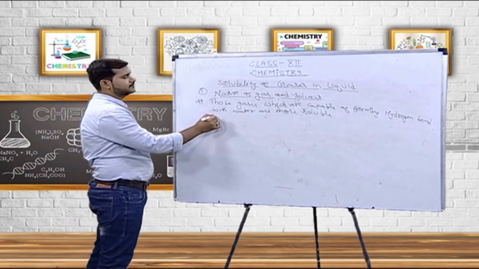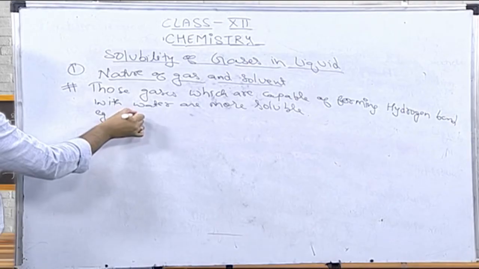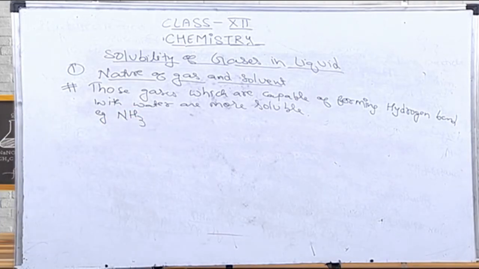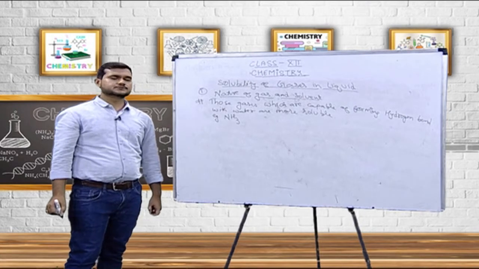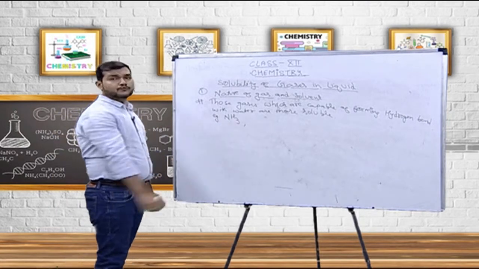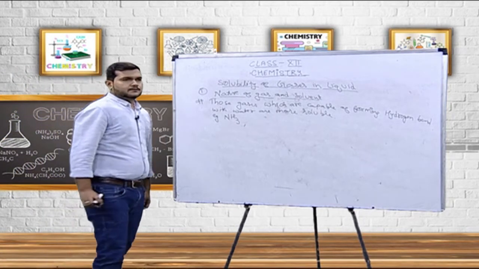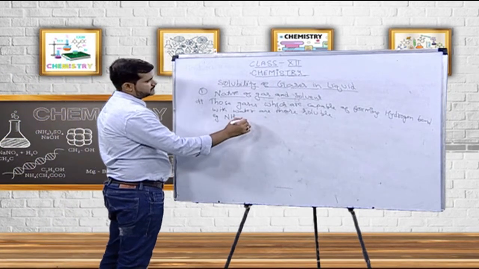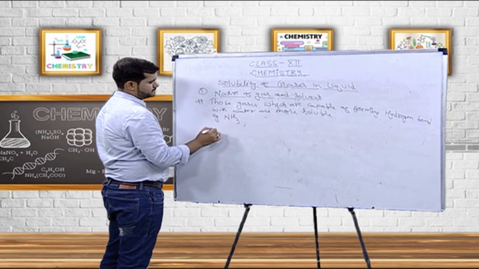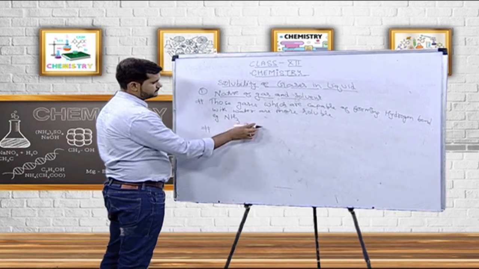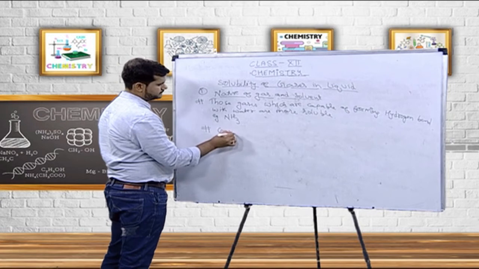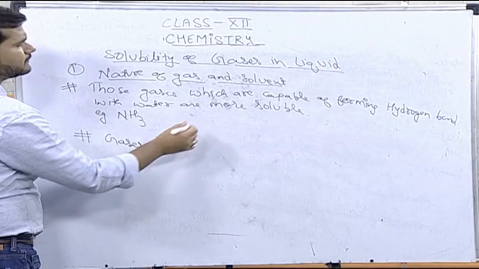For example, ammonia gas is capable of forming hydrogen bonds with water, so it is more soluble in water. Now, what is a hydrogen bond?